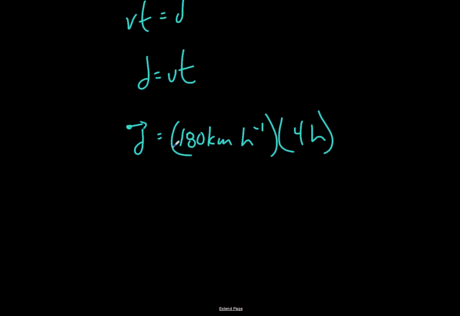Well, 4 times 100 is 400. 80 times 4 is 320. 720. 360, yeah, that works too, right. Multiply by 2 twice, right? So that also works, sure. Multiply by 100 times 4 is 400, plus 80 times 4 is 320, add them together, and you get 720 kilometers.